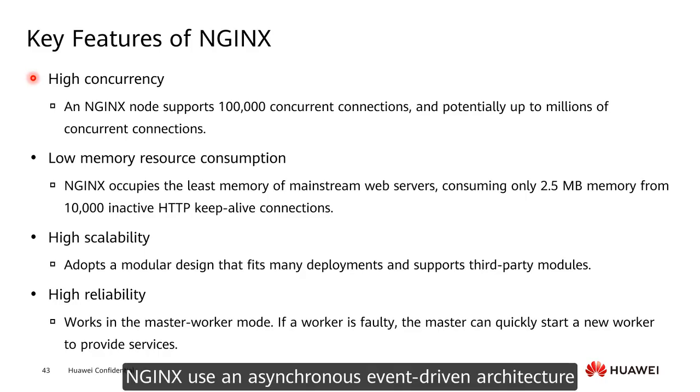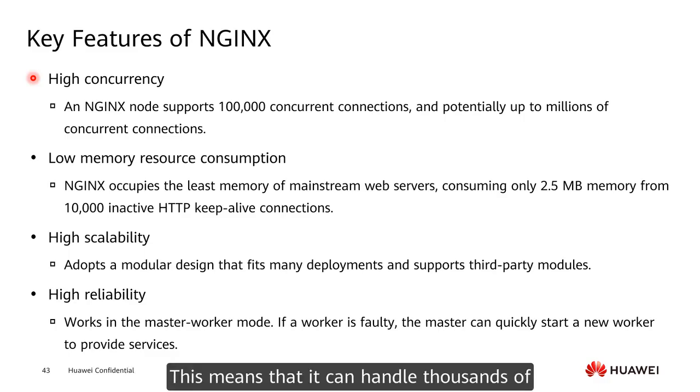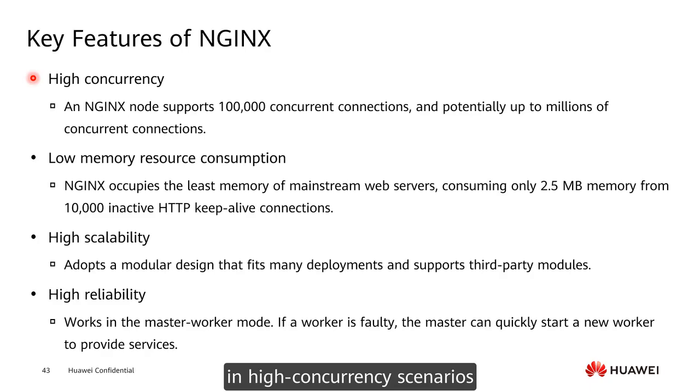First, Nginx uses an asynchronous event-driven architecture. This means that it can handle thousands of concurrent connections in a single process. This architecture allows Nginx to maintain low memory and low CPU usage in high concurrency scenarios.